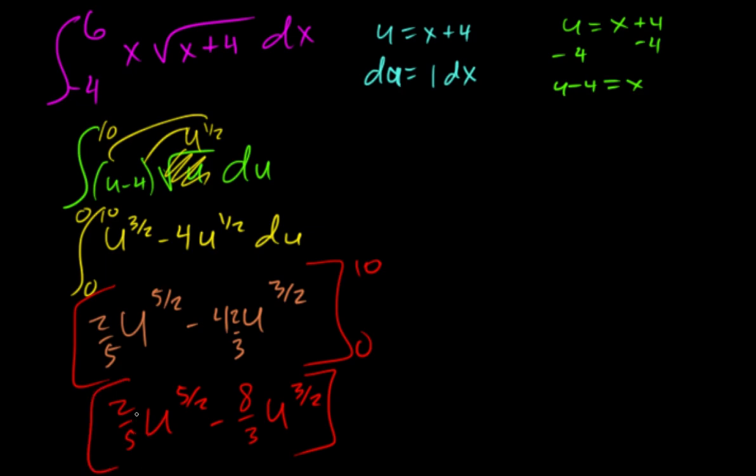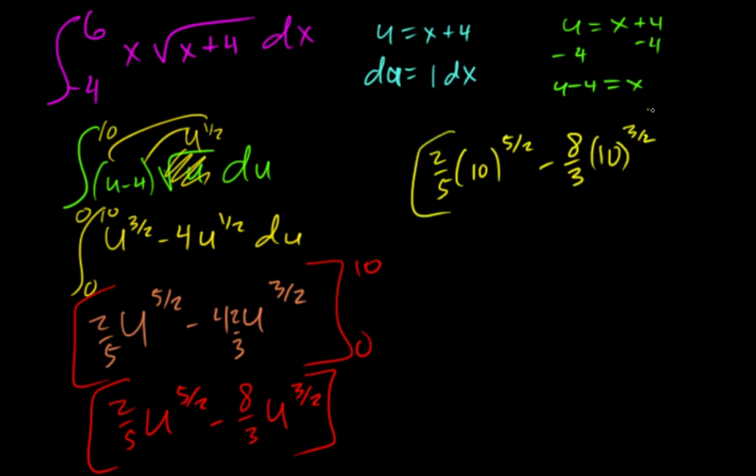Now, if we plug in 10, we're going to get minus, if we plug in a 0 here, it goes to 0, minus 0. And so we don't need any of this part.